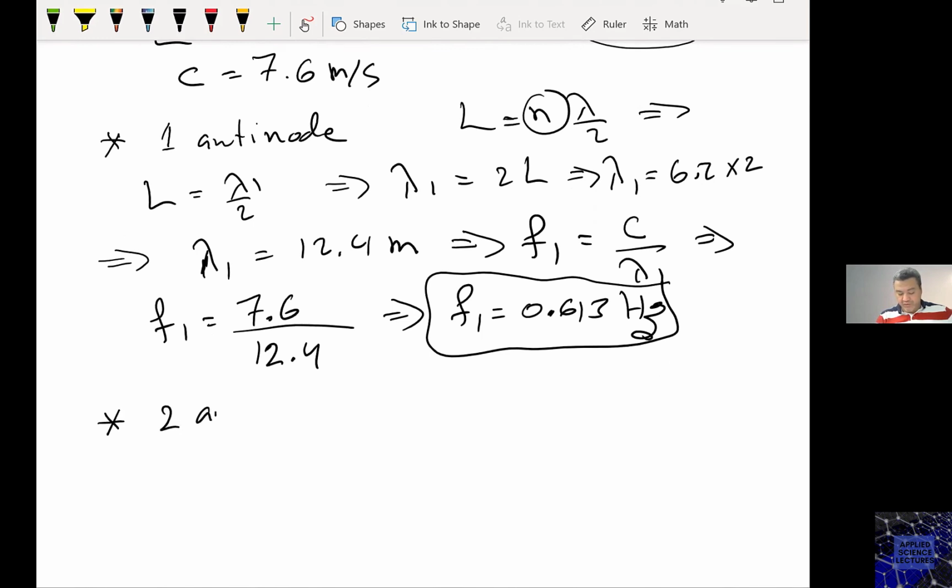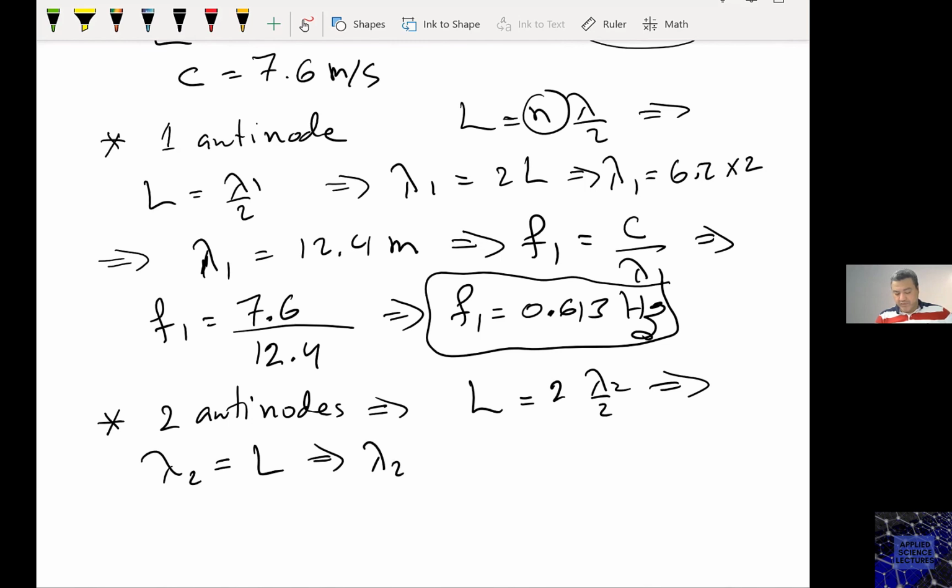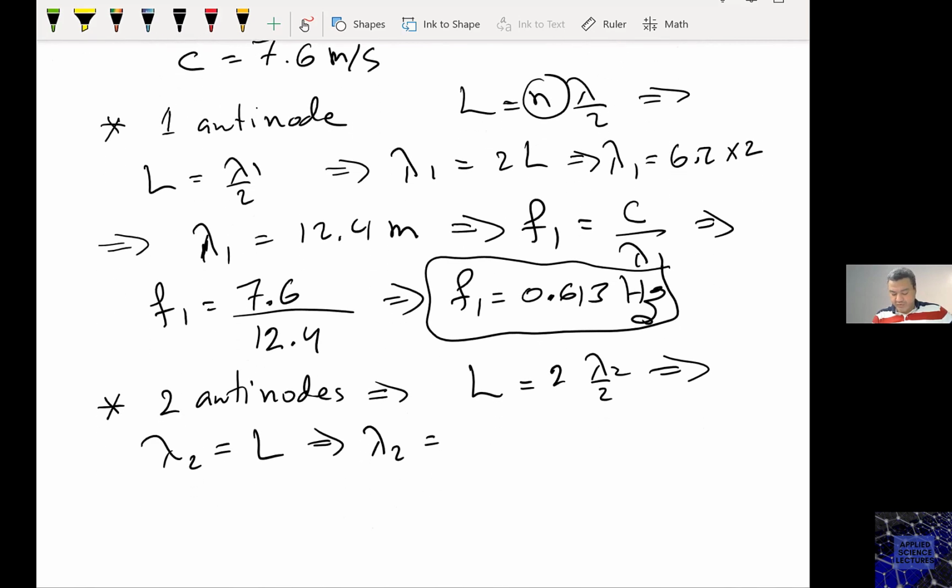For two antinodes, I have L equals 2 lambda over 2. Let me call this one lambda 2. So lambda 2 equals L, or lambda 2 in this case is 6.2.